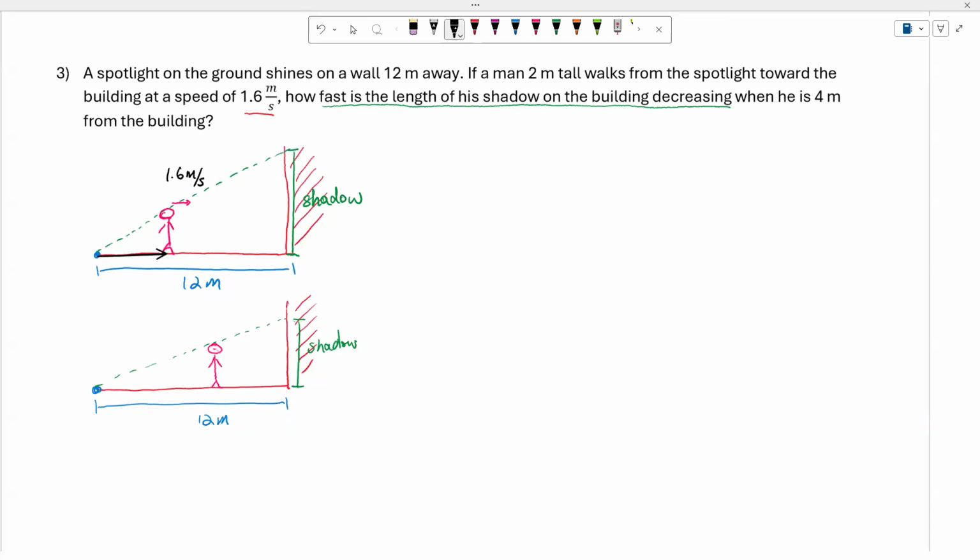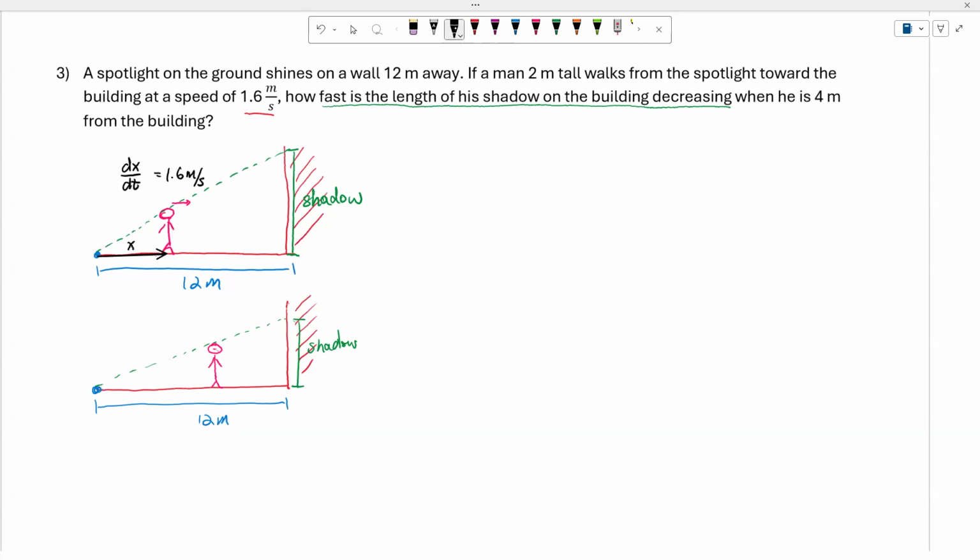So if I assign this one to x, how fast is this x changing? It will be dx/dt, the speed of the man in this case.